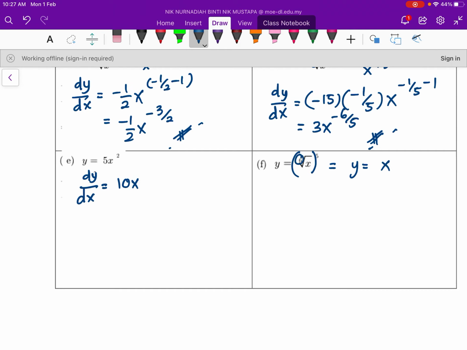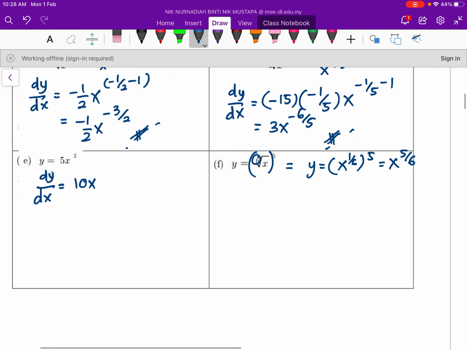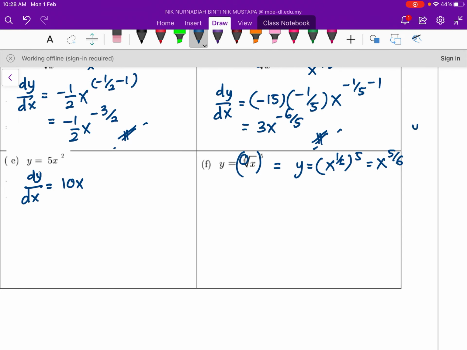Bila ada nombor 6 kat sini, dia adalah sama dengan 1 per 6 kan. So, 1 per 6 multiply by kuasa 5 kat luar tu. Using third law, kalau ingat lagi, ini sama dengan x to the power of 5 over 6. Sebab kita ada formula y equal to a to the power of n, kalau ada m kat luar, dia adalah sama dengan a to the power of nm. Macam gitu.